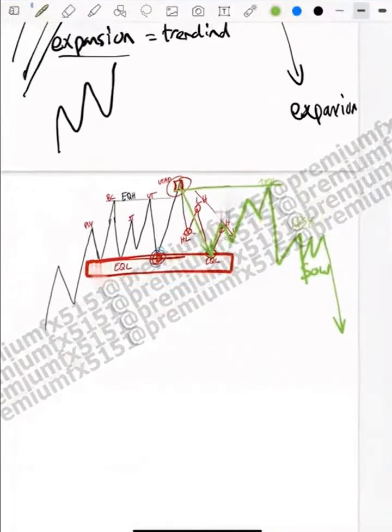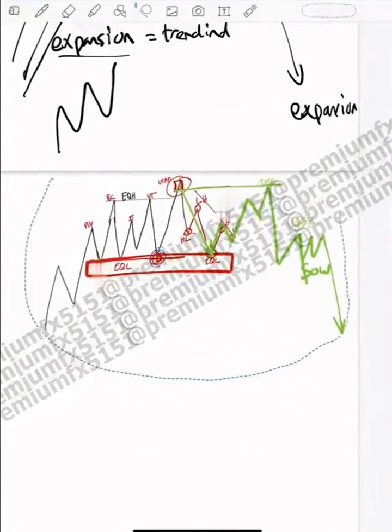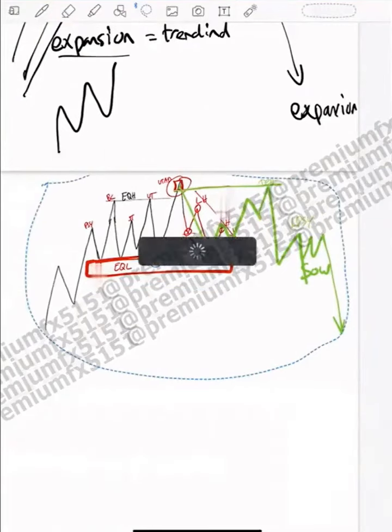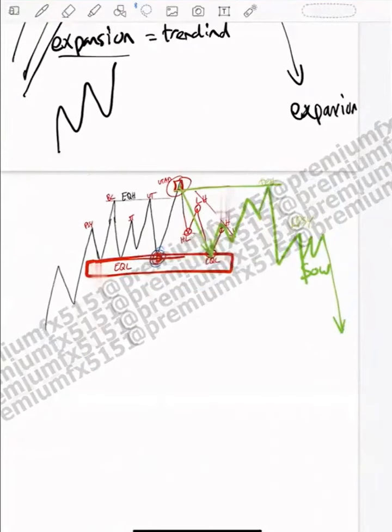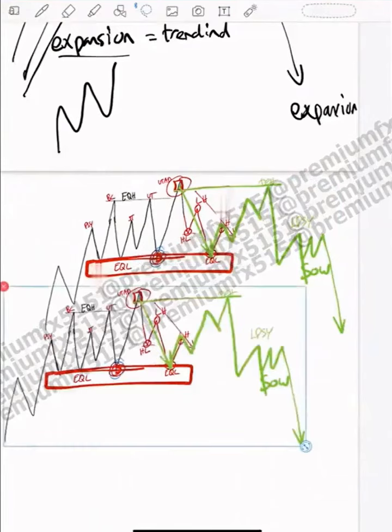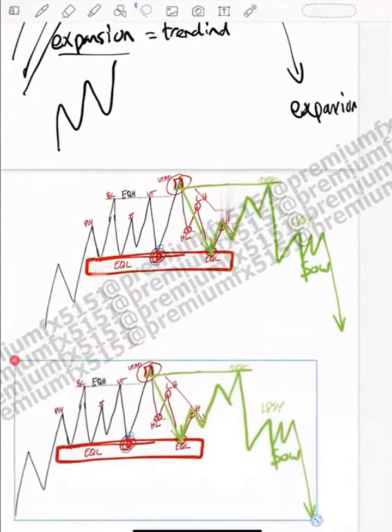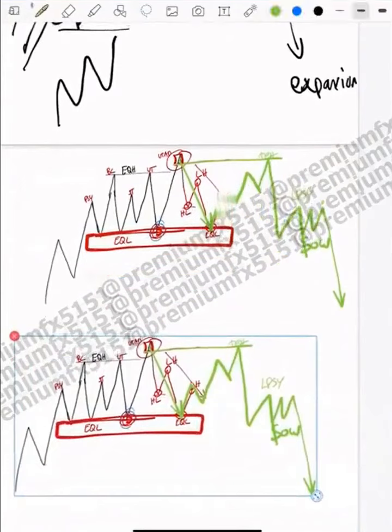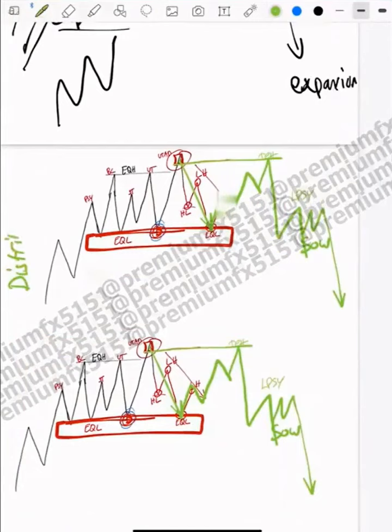Now let's copy this. This is a valid distribution.